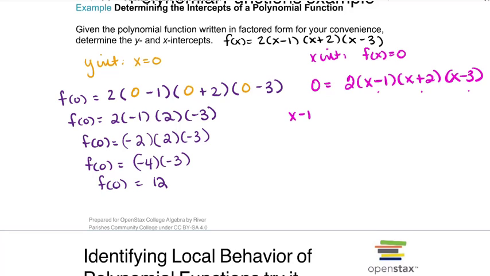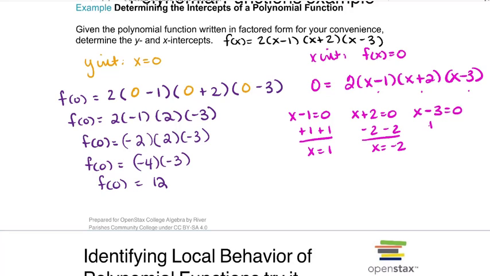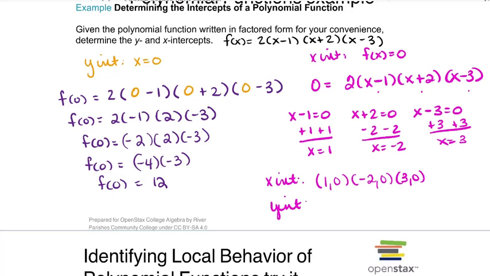So either x minus 1 equals 0, x plus 2 equals 0, or x minus 3 equals 0. If we solve each one, we get x equals 1, x equals negative 2, and x equals 3. So we have the x-intercepts of 1, 0, negative 2, 0, and 3, 0. And we have the y-intercept of 0, 12.